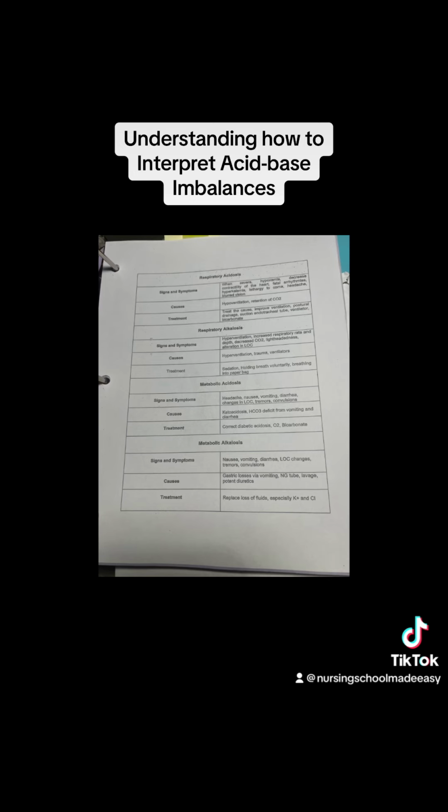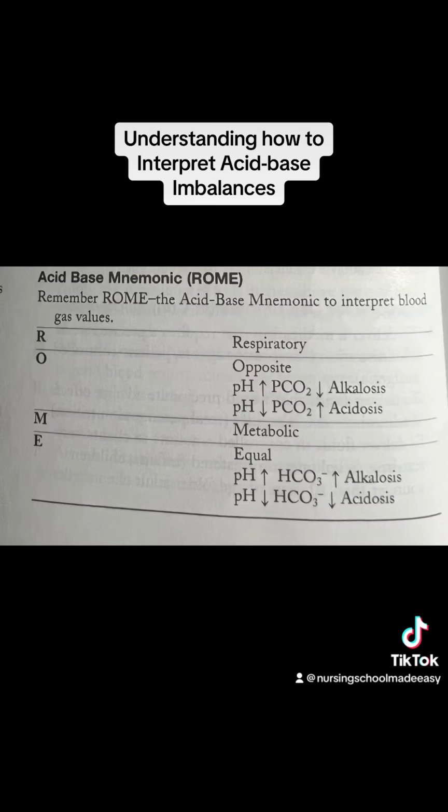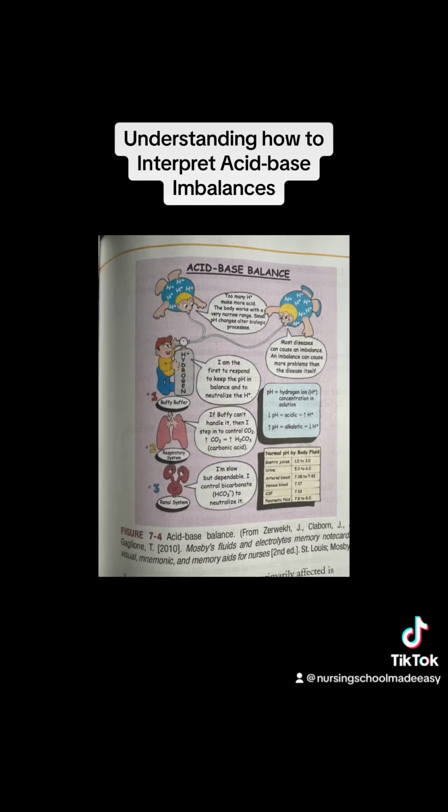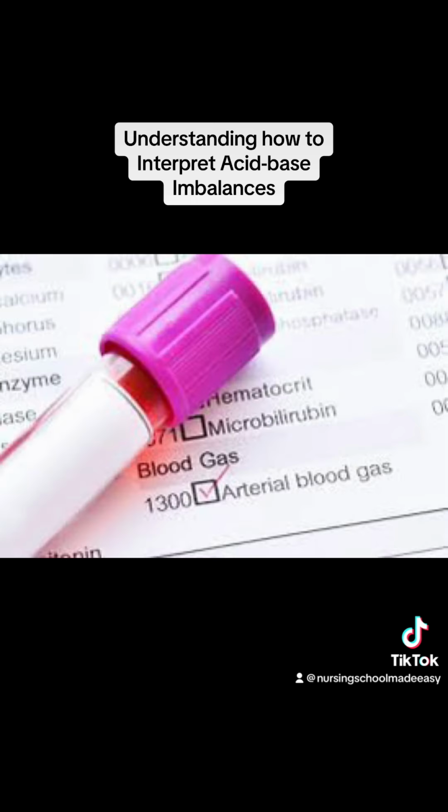To understand this, you must know that if the imbalance is respiratory, be it acidosis or alkalosis, for it to be compensated, the bicarb value must be abnormal. Remember, as was taught in A&P class, the renal system compensates for the respiratory imbalance.